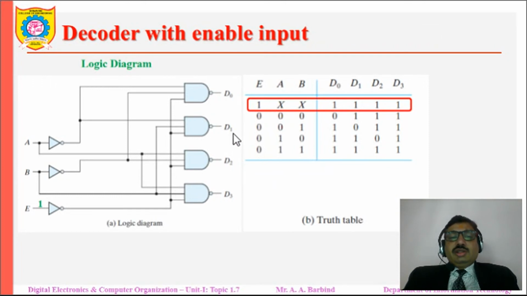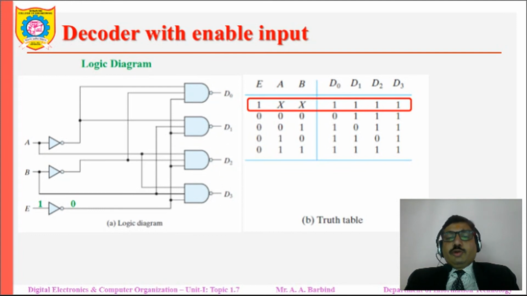Okay, so here you can see the functioning of this particular decoder. When E is 1, then the output of the inverter will be 0. So as it is 0, one of the inputs to all the NAND gates is 0, and from the truth table of the NAND gate, if any one of the input to the NAND gate is 0, its output is 1.